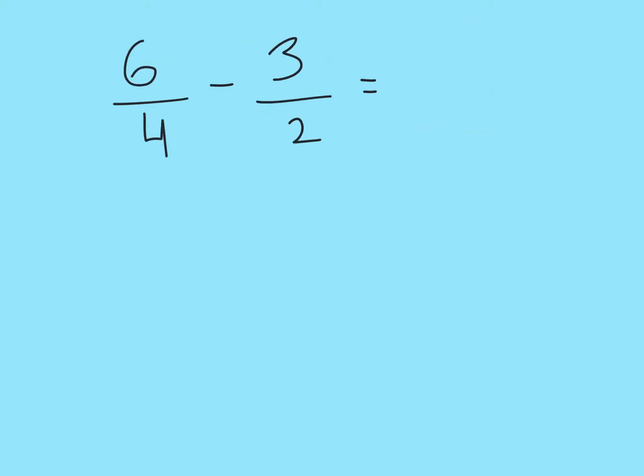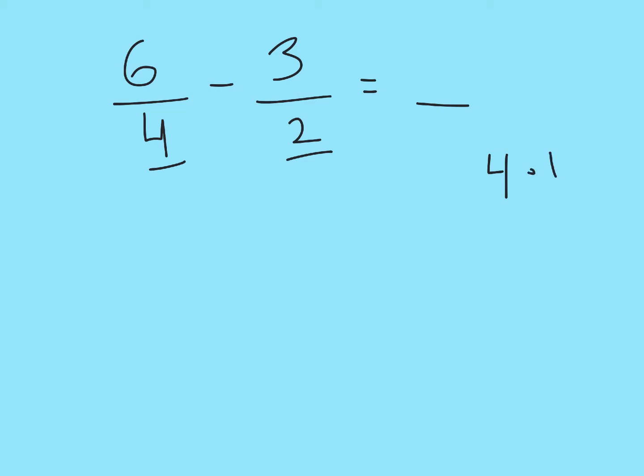Okay, so in this problem, our denominators are not the same. So what do we do now? Well, we're going to do the same step as we did with adding fractions. If you didn't see the video, I'll explain it here too. We want to find our least common multiple. So we're just going to list the multiples of 4 and 2 to find the least one they have in common.